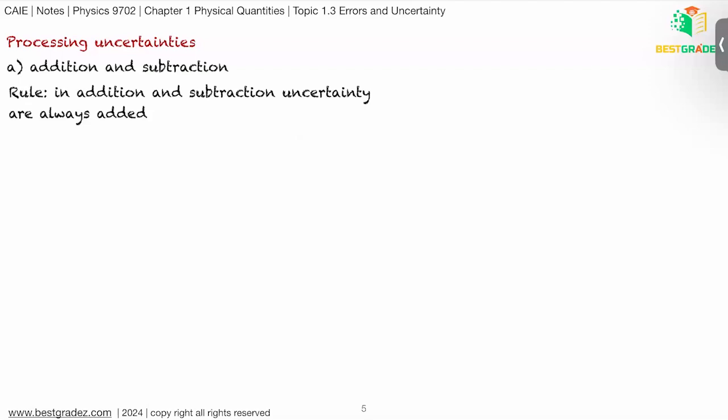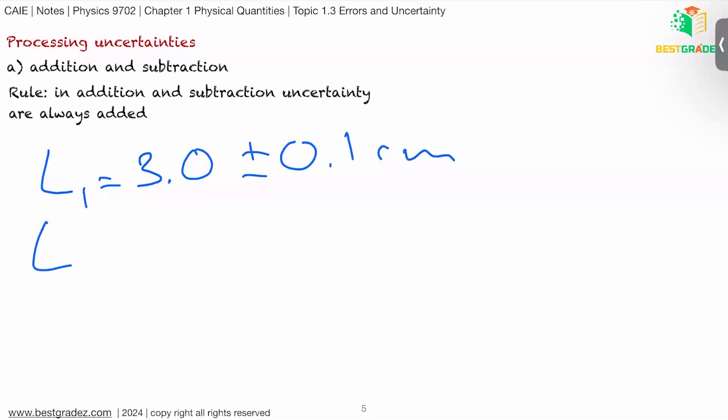So in processing uncertainty, we will have to look at addition and subtraction first. For example, I have a length 3.0 plus minus 0.1 centimeters, and with another instrument I measured 5.5 plus minus 0.2 centimeters.